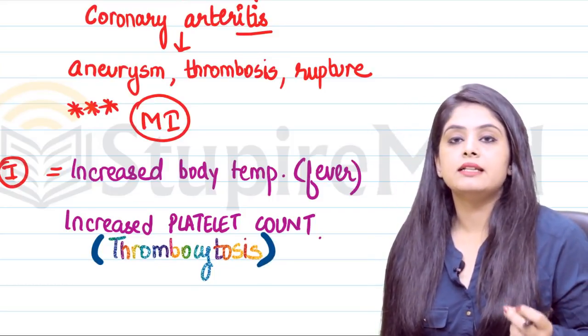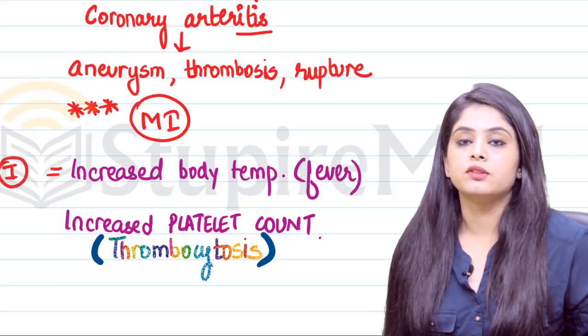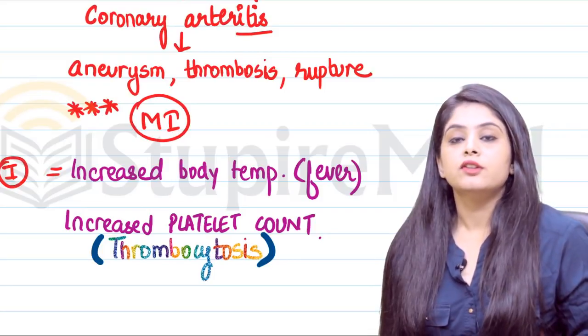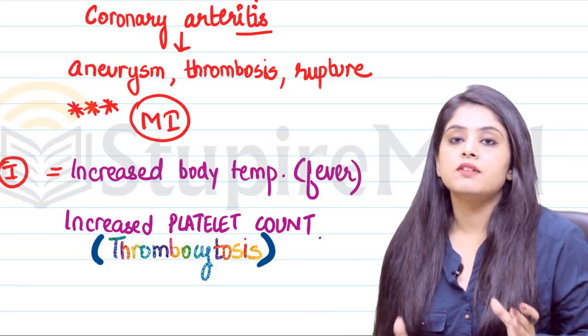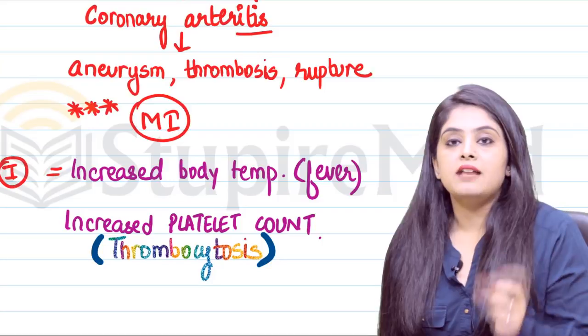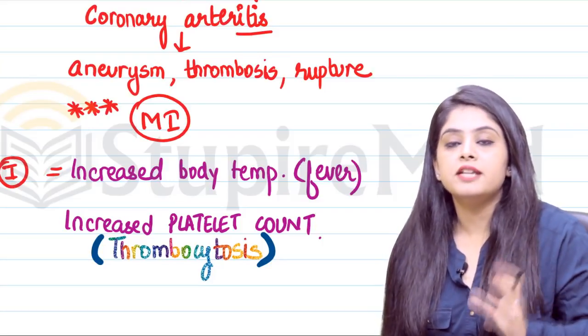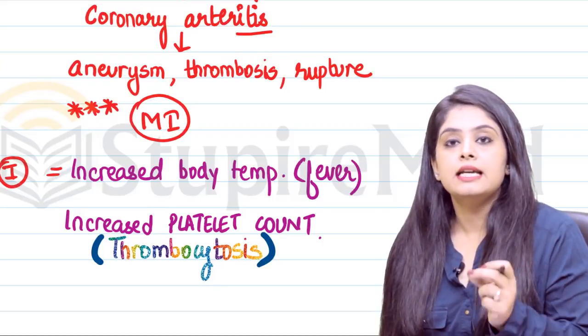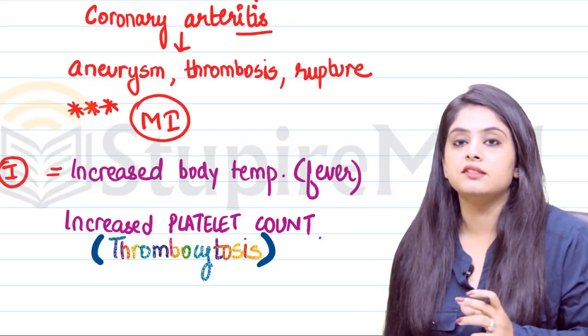Increased or elevated platelet count, that is thrombocytosis, and increased body temperature, that is fever. So if you remember the term Kawasaki, with every alphabet and phonetically similar words, you can come to what all features will you see in a patient of Kawasaki disease.